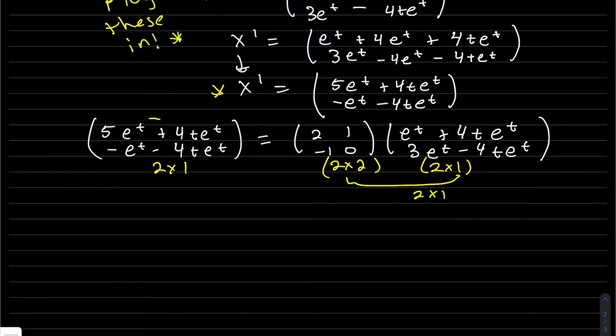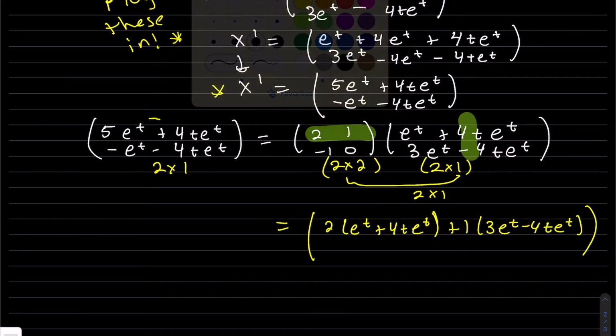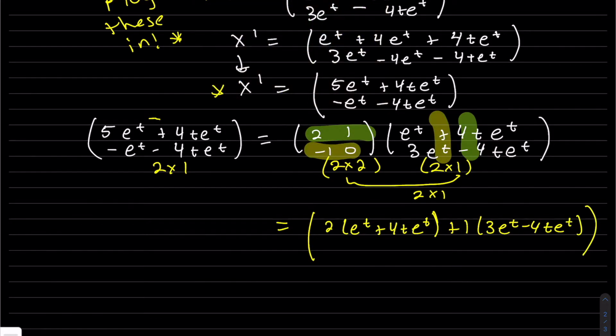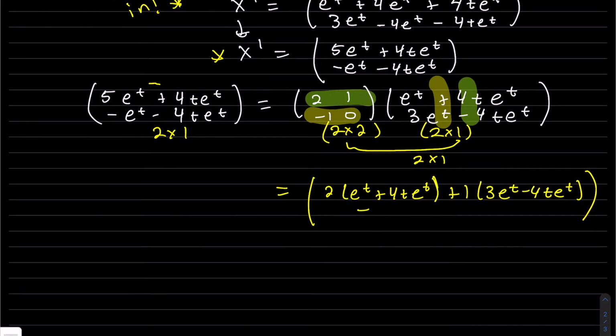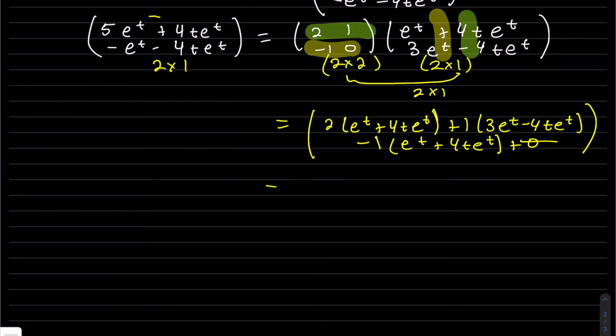We multiply this times that row for the first row. And then my second row is this row times that row. So just minus 1 times that first row, and plus 0 times the second row, which will 0 out.